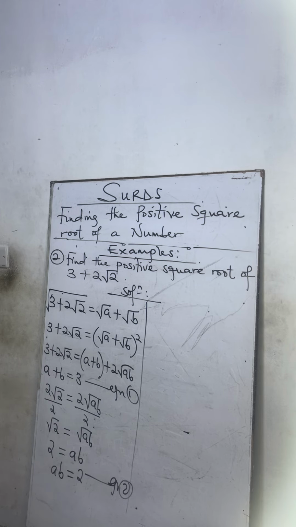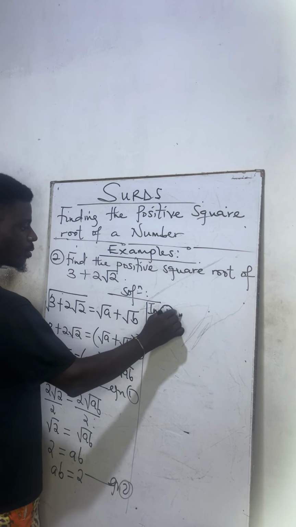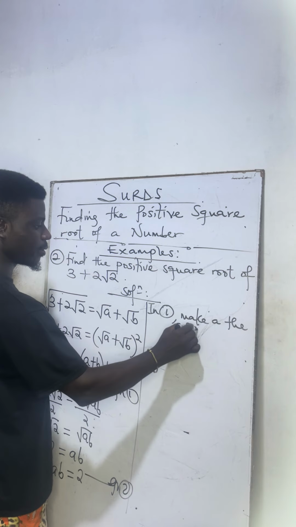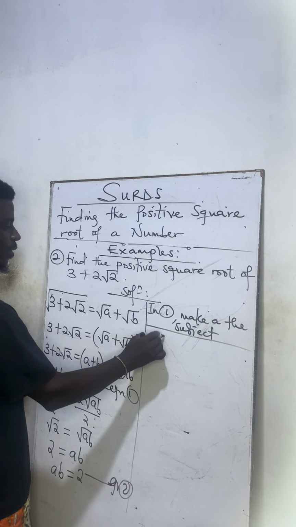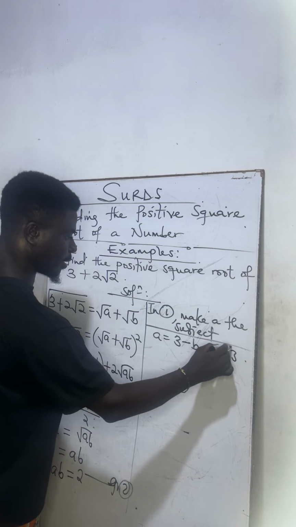By using the substitution approach, we can make a the subject. So we solve equation 1 and 2 simultaneously. Making a the subject in equation 1, you have a equal to 3 minus b, and this is equation 3.